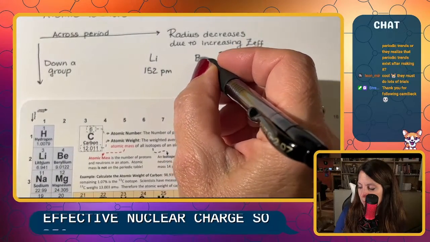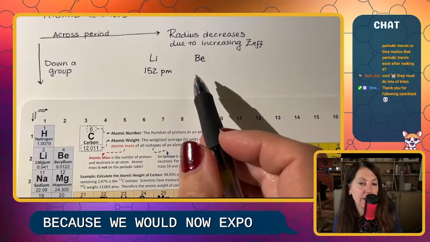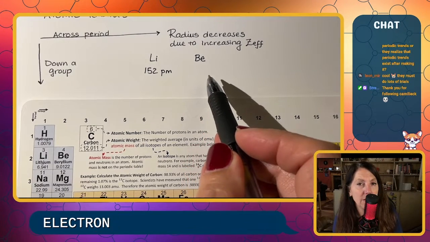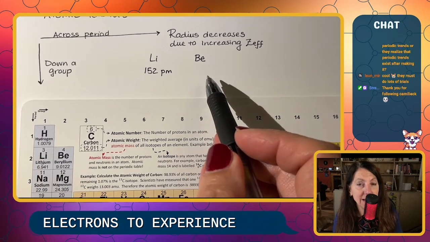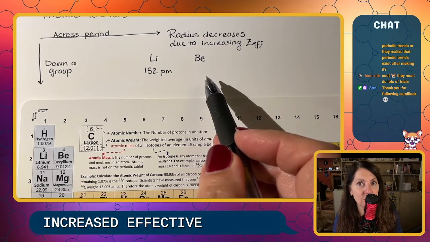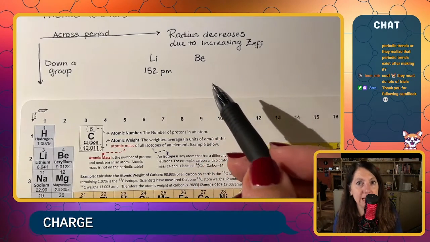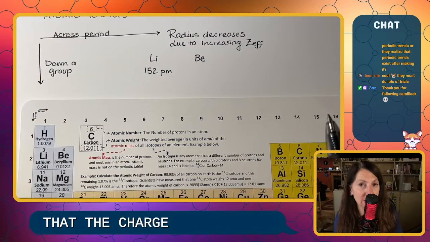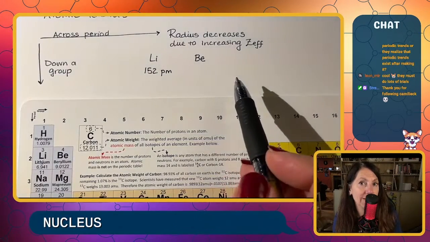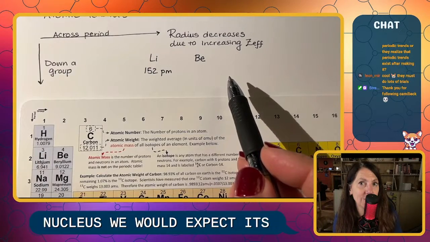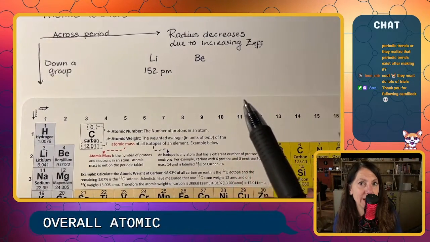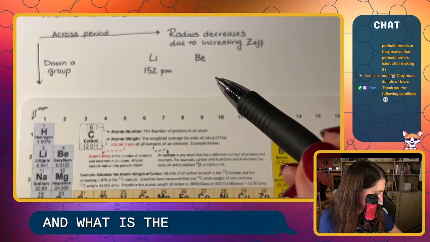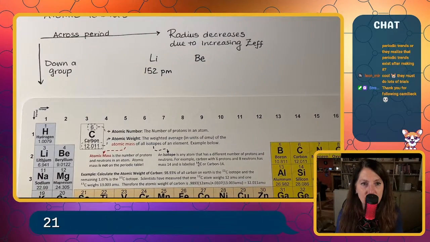So because we would now expect beryllium, those outer electrons, to experience an increased effective nuclear charge, increased feeling of the charge in the nucleus, we would expect its overall atomic radius to shrink. And what is that number? Yes, 112.